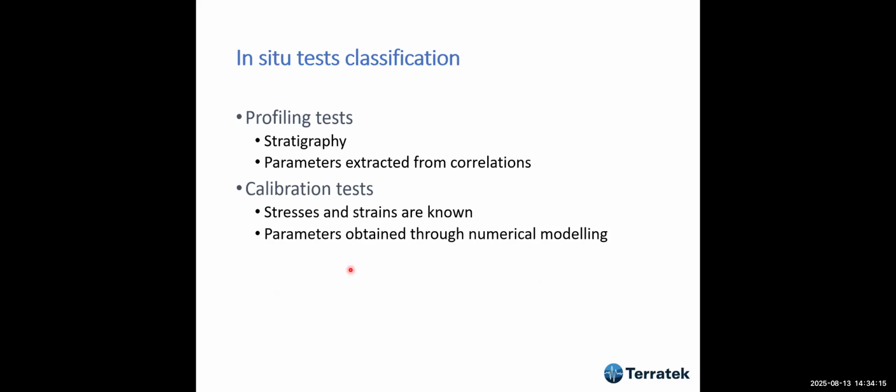But we have also calibration tests in which stresses and strains are known and parameters could be obtained by numerical modeling. These are kind of profiling tests, SPT, CPTU, Marchetti dilatometer, and vane test. We are going to cover CPTU and VST, but not the Marchetti dilatometer due to the lack of time.